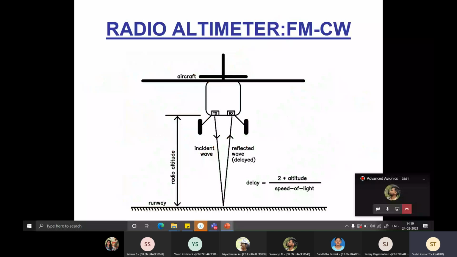Okay. The last thing in tracking radar is continuous wave CW radar or FMCW radar. Now this is basically the radio altimeter. Sarup, why can't I use a conventional radar for a radio altimeter?